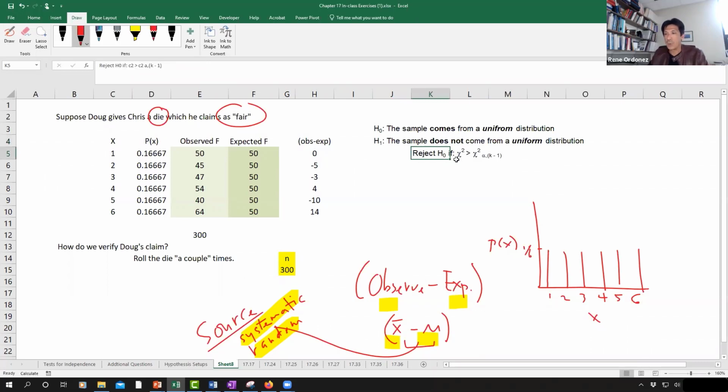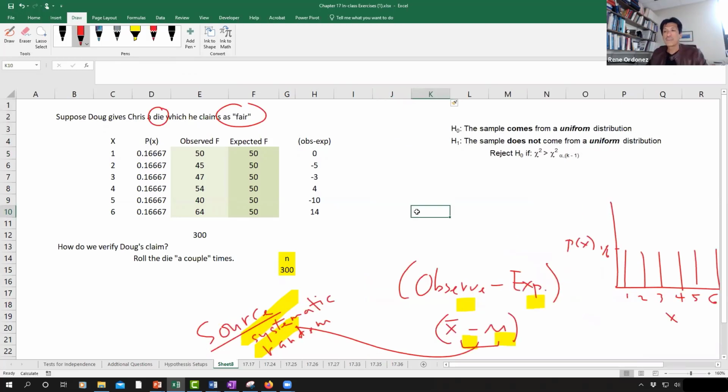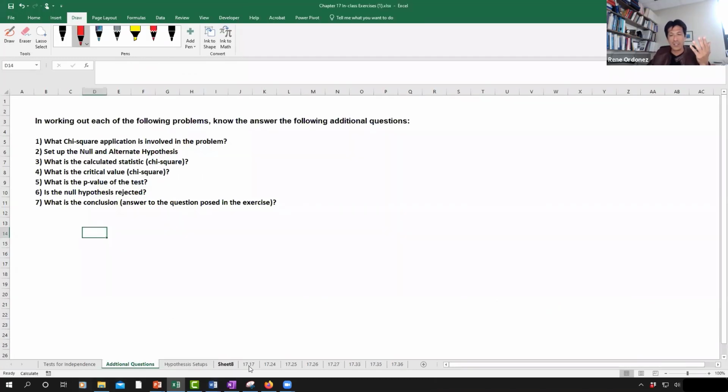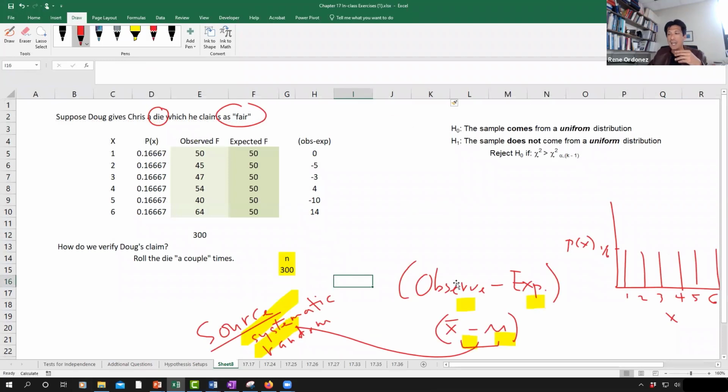And then it says we will reject H0 if the computed chi-square is greater than the critical chi-square value. Okay, so let me just show you this formula and compute it. You don't have to really memorize this, but I just want to show you this formula so that you can appreciate being able to answer the question whether the sampling error is systematic or random.